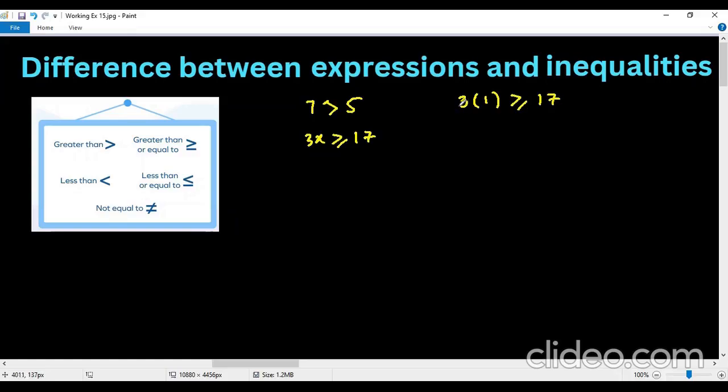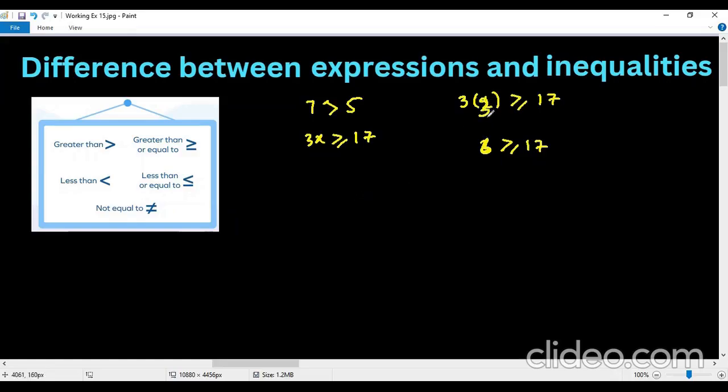Now, 3 times 1 is 3, and 3 is greater than or equal to 17? Is this statement true? No, it is not true. Now another person comes and changes the value from 1 to 2. Now this 6 is again false. 6 cannot be equal to or greater than 17. Now another person comes and changes 2 to 3.